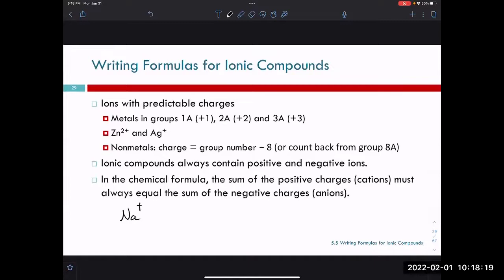Chlorine is in 7A, so it has a 1- charge. A 1+ charge plus a 1- charge is 0. So these form 1 sodium, 1 chlorine.